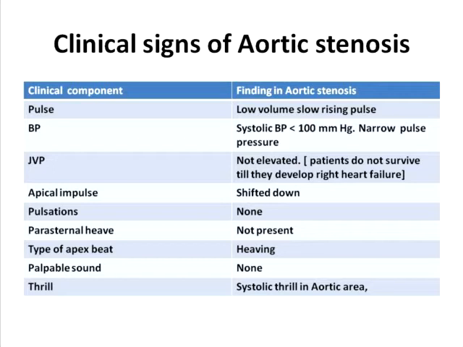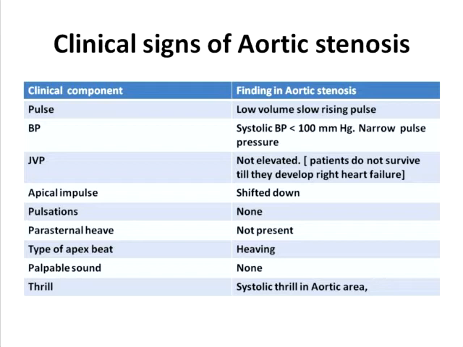identifiable right heart failure. Apical impulse can be shifted down. Some literature has mentioned that the apical impulse is shifted out, but it can happen either way. It does not produce any pulsation or parasternal heave because the right side of the heart is not significantly affected, and there is no significant volume of turbulence which produces pulsation in the aortic area.